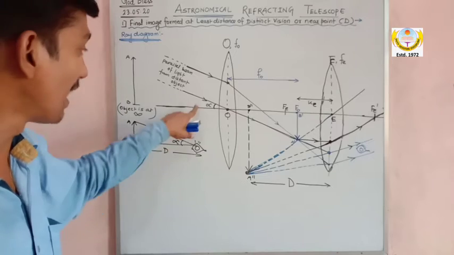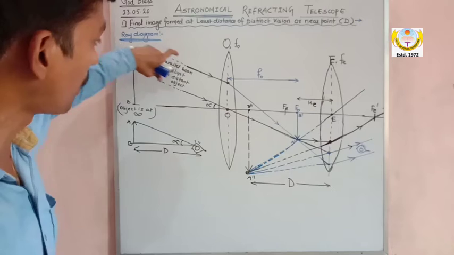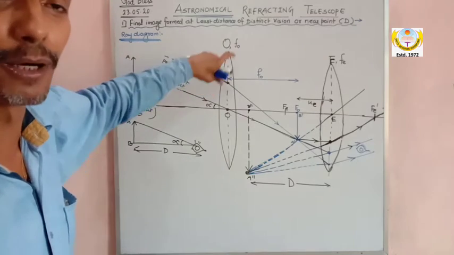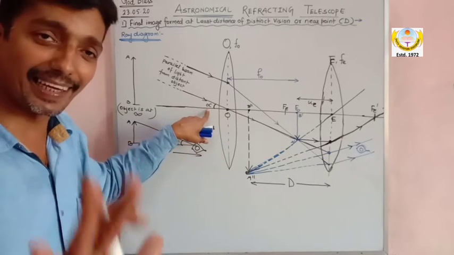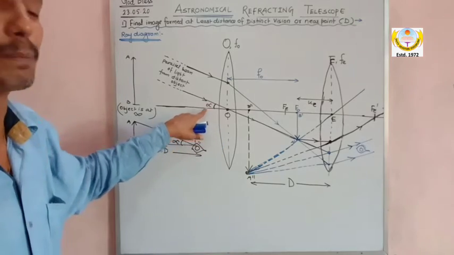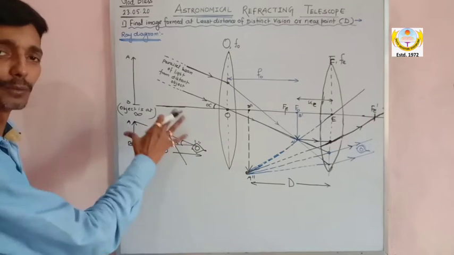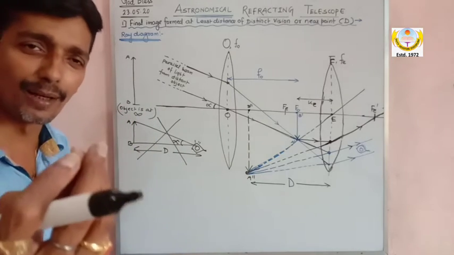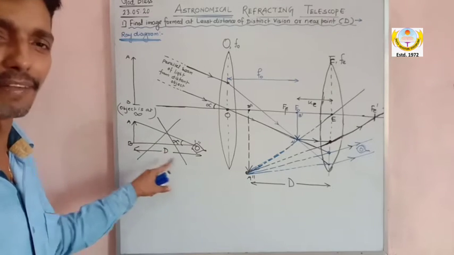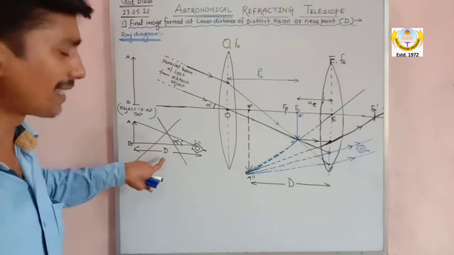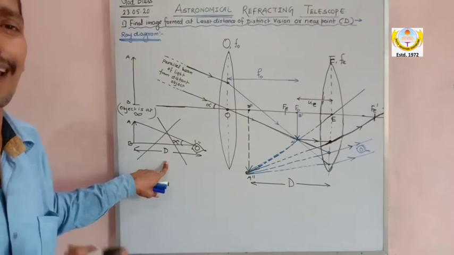Angle alpha is made here itself on the objective lens by the distant object, the parallel beam of light falling on the objective lens. So please take care, in the telescope we don't draw this diagram. This is not feasible for a telescope. It is simple logic. Give one small minute of thought: the object is at infinity, not at the least distance of distinct vision. So this diagram is not applicable for a telescope.